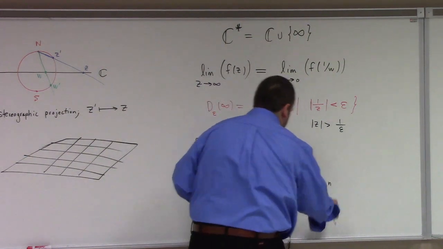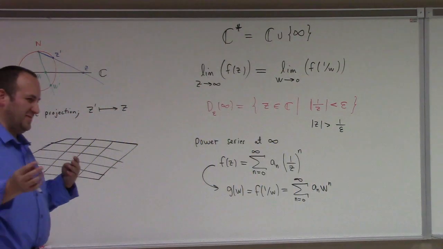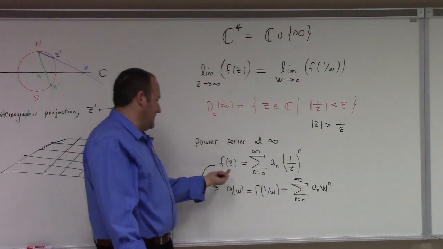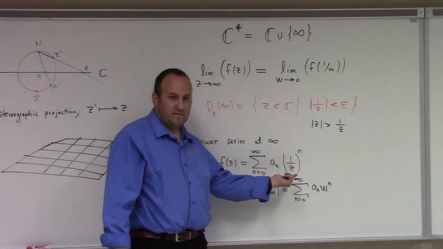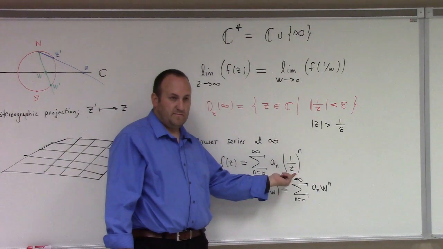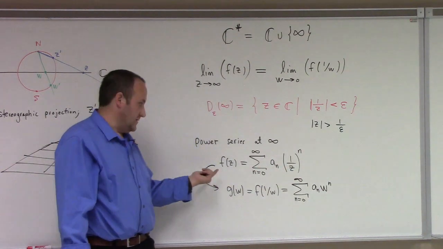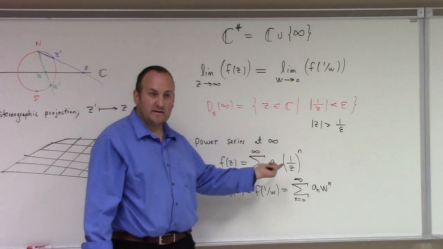So the point is, to work with infinity, we think about taking something we know and replacing z with 1 over z. That gives me the corresponding object at infinity. That's the idea. So a function which technically isn't a power series expansion, right? But if a function has this kind of expansion in some sort of exterior annulus, then we think of such a function as being holomorphic at infinity.